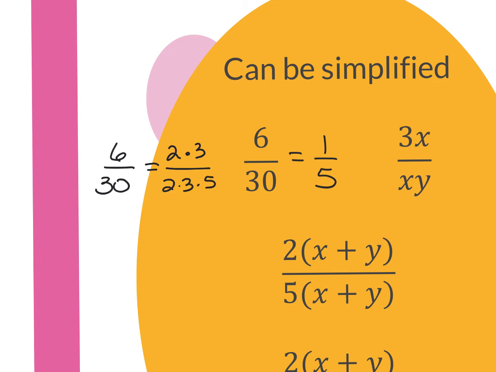And then you would look for things to simplify. 2 divided by 2, and you're left with 1. And then the same thing with the 3's. And then notice you're left with just 1 over 5, which goes to your simplified answer. However, for fractions where it's just numbers, just reduce it however you need to. You don't need to factor those. However, for the polynomials, we will need to factor things.